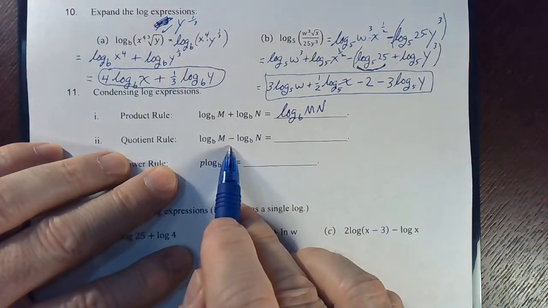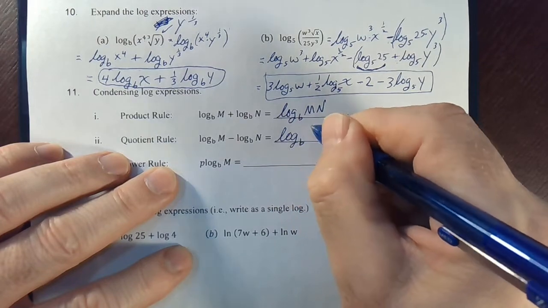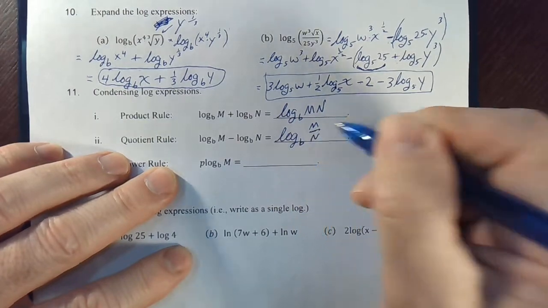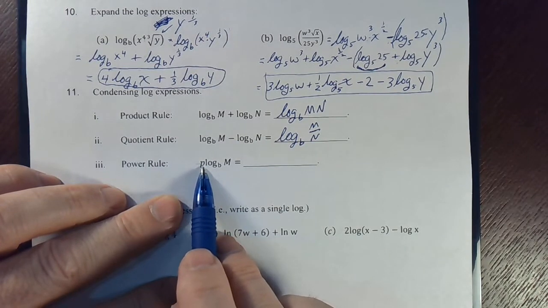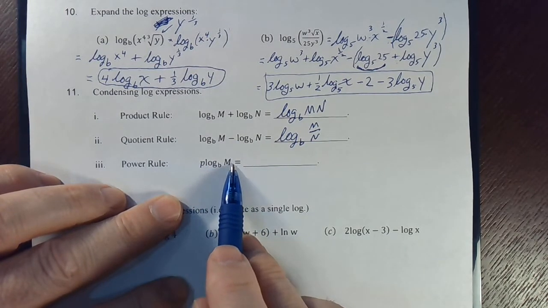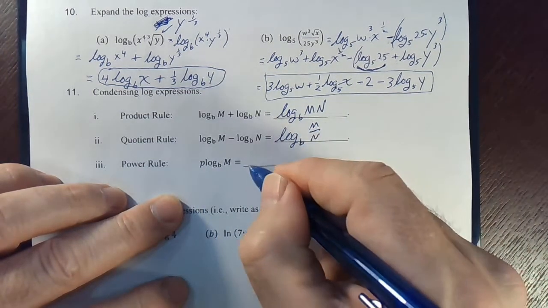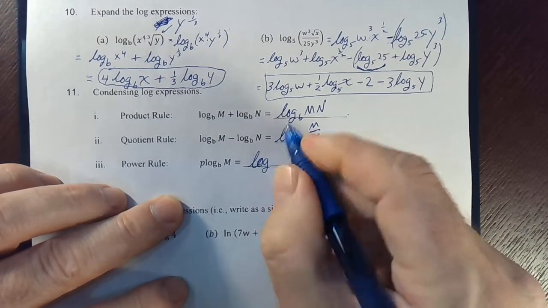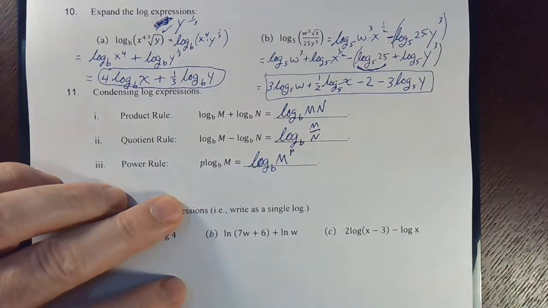Similarly, when it's a minus sign, to condense them into one log, we get log base B of m over n. And the last rule is a power rule. This p that's being multiplied by this log, this p can become an exponent of what you're taking the log of, this m. So log base B of m to the p power.